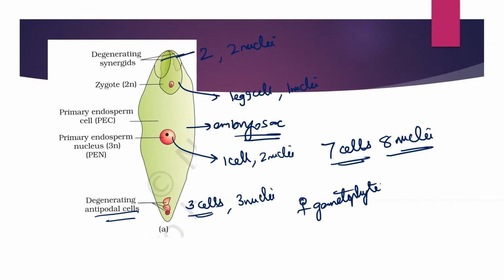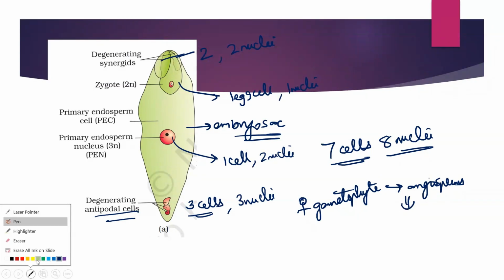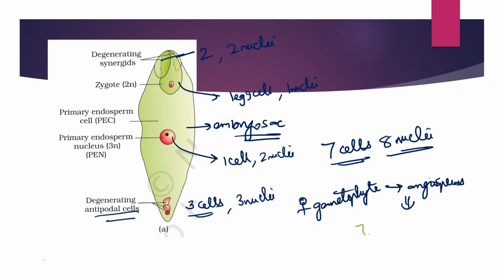That's the reason the female gametophyte in case of angiosperms is described as a seven-celled, eight-nucleated embryo sac. I hope you understood why it is called seven-celled. Three cells, 3 plus 1, 4, 4 plus 1, 5, 5 plus 2, 7.